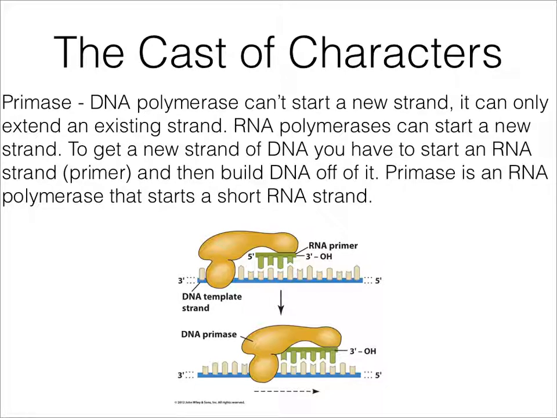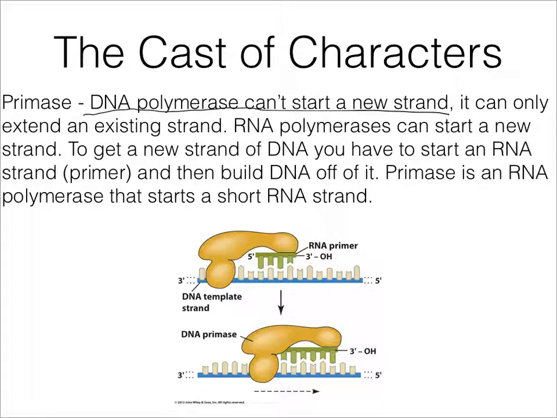Primase. This is important. For whatever evolutionary reason, DNA polymerase can't start a new strand. DNA polymerase cannot begin a strand of DNA. It can only add on to the 3' end of a pre-existing strand.